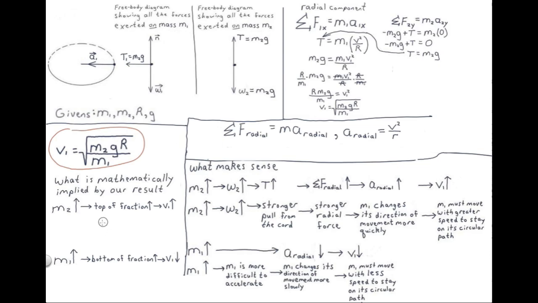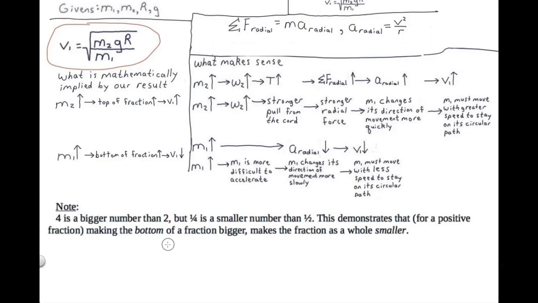That mathematically implies that if we increase m2 while holding the other givens constant, v1 will increase. m1 is on the bottom of the fraction, so if we increase m1 while we hold the other givens constant, that will make the bottom of the fraction bigger. But increasing the bottom of a fraction makes the fraction as a whole get smaller.